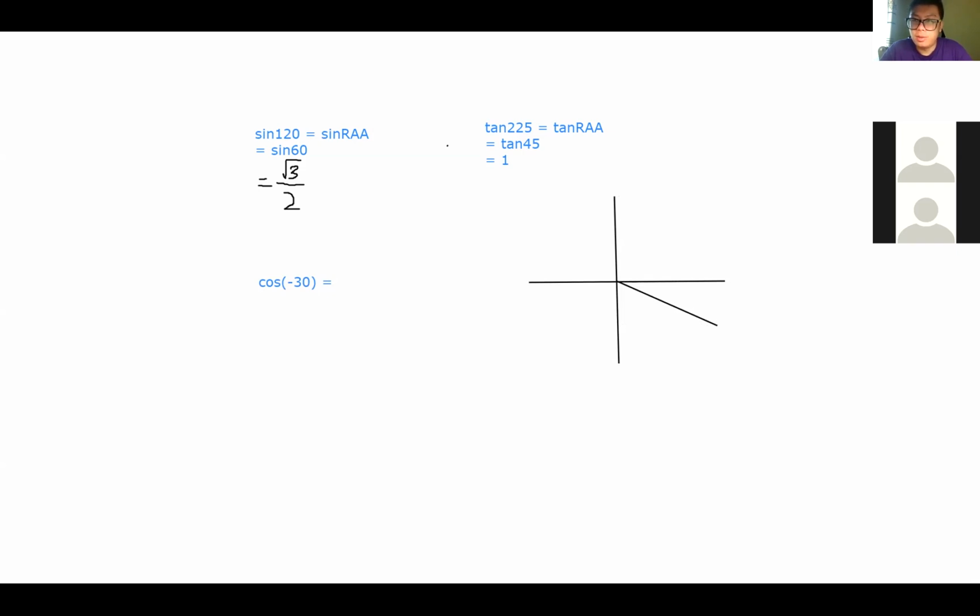Okay, can someone tell me what the RAA is equal to? We're looking at the angle made with the closest x-axis, and here the closest one would be this one.